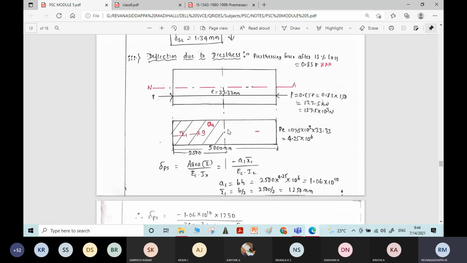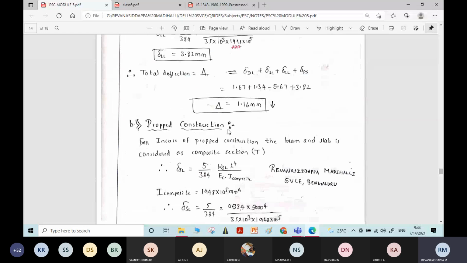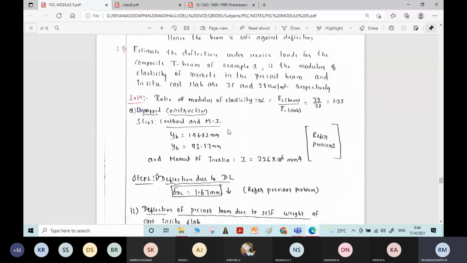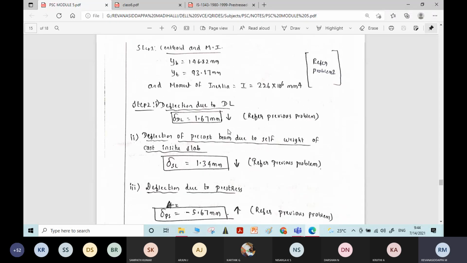And in the notes, I have solved one more problem on deflection that I will give you as an assignment. You solve.